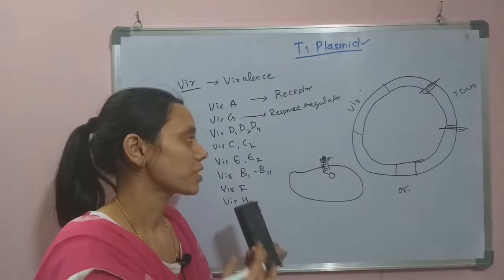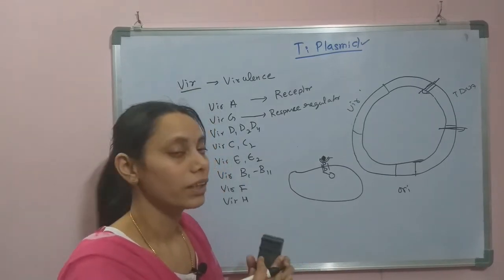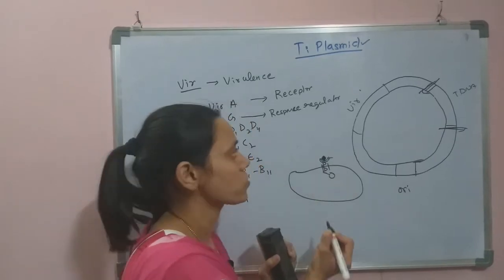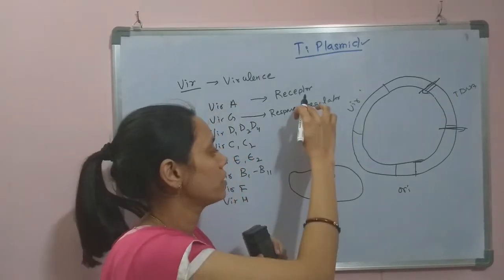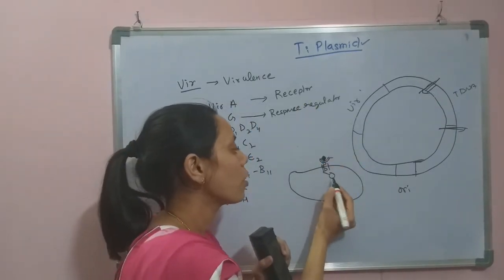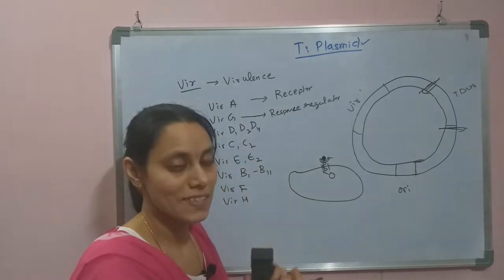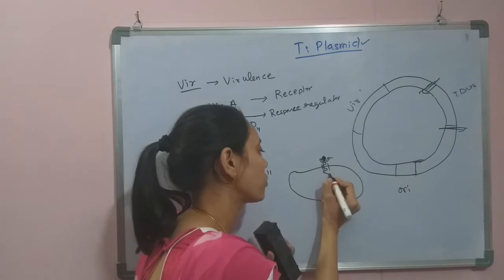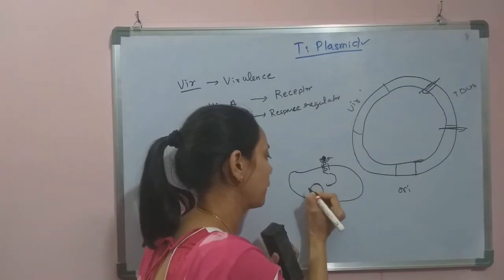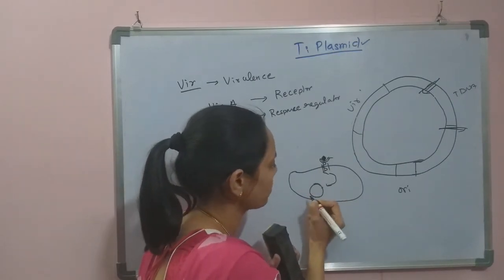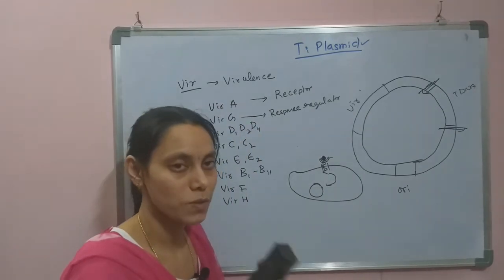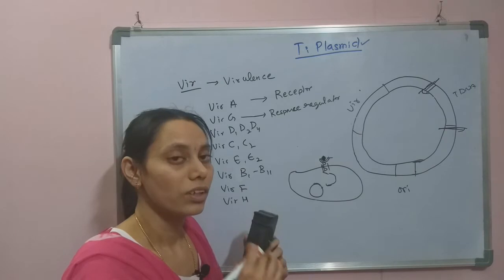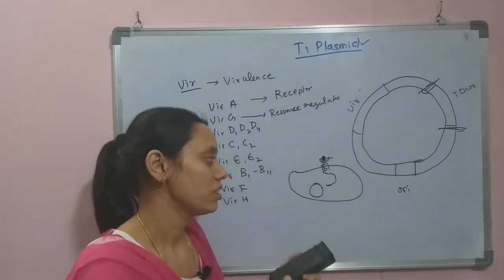So this Vir G product is basically a transcription factor. It will be phosphorylated by the Vir receptor, and phosphorylated Vir G is activated, and it will be separated, and it will go inside the Ti plasmid, and it regulates the genes present in the Ti plasmid, and it activates several genes.